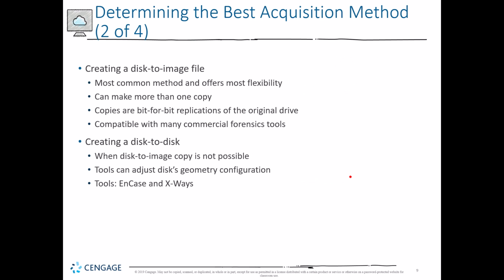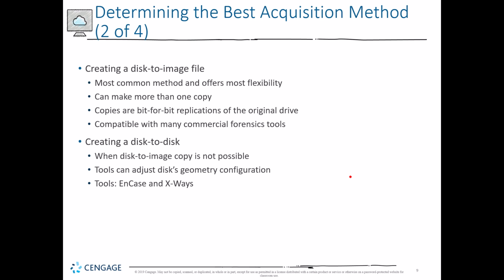So let's look at creating a disk to image. And this is probably one of the most common methods because it's flexible and you don't have to worry about a drive failing. Not just that, you don't have to keep a bunch of sanitized storage media around.